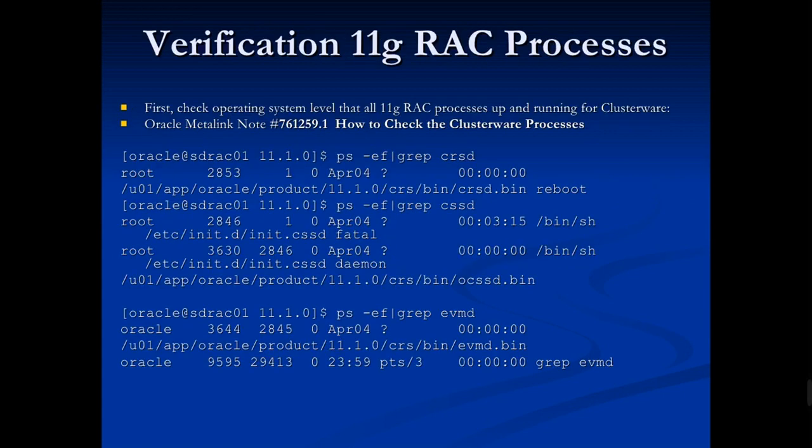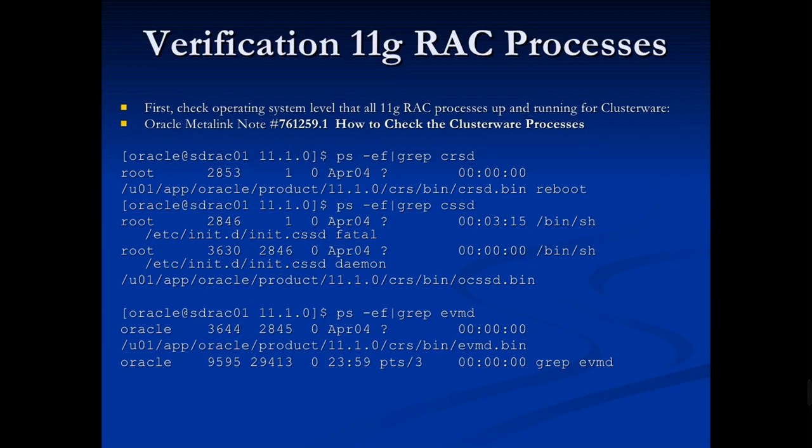Verification of 11G RAC processes. You can first verify at the operating system level that the 11G RAC processes and Oracle clusterware are running. You have an Oracle Metalink note as well, so you can visit that Metalink note on how to check the cluster processes, like in 11G, ps -ef | grep crsd.